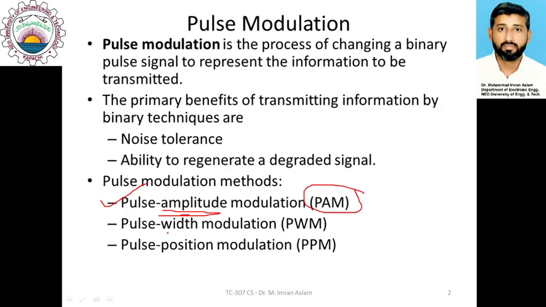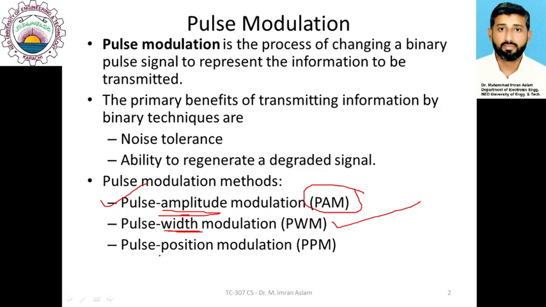However, we can also change the width of the pulse or duration of the pulse. If we are representing the information in the form of pulses by changing the width of the pulse, then the modulation scheme that is achieved is named pulse width modulation, or sometimes we call it pulse duration modulation. The term duration is analogously used with width.